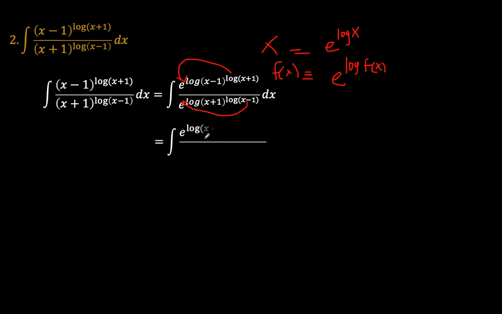So essentially in the numerator we have e to the power of the product of log(x plus 1) and log(x minus 1). The denominator is the same as that. So we cancel this and we're left with the integral of 1. That means the answer is x plus the constant c.